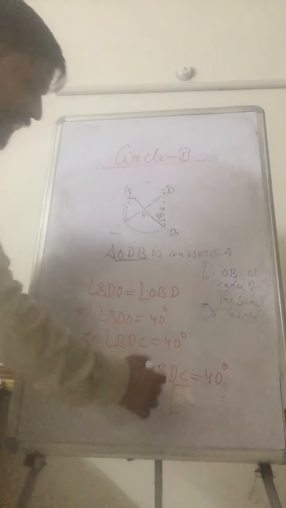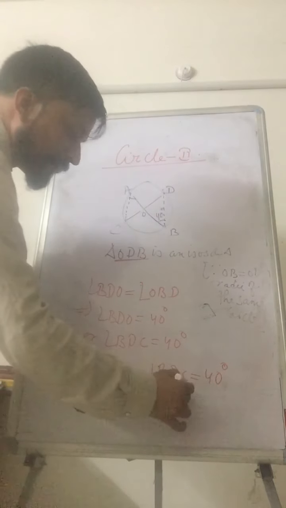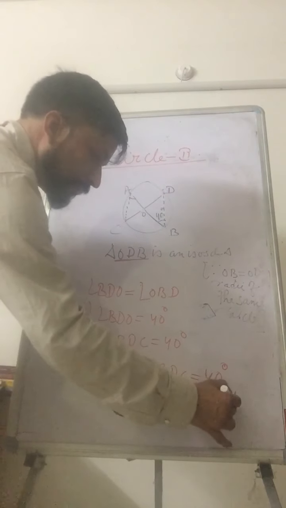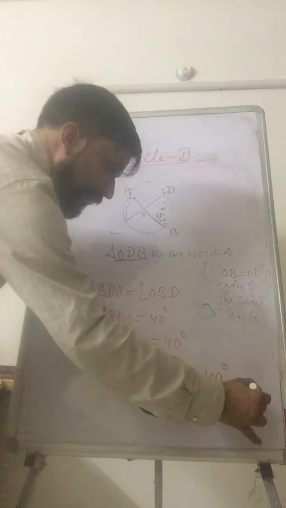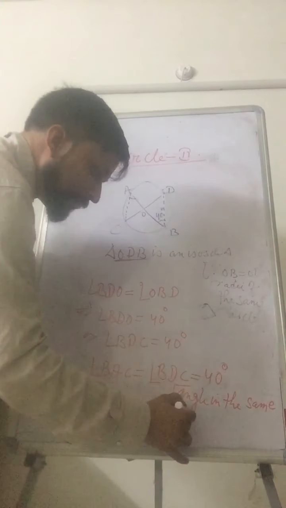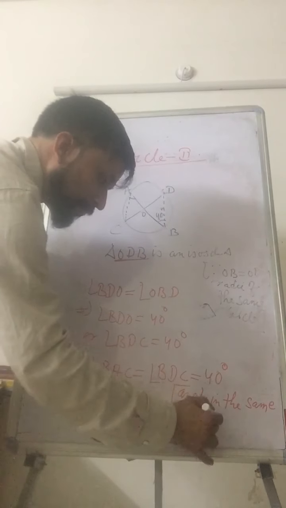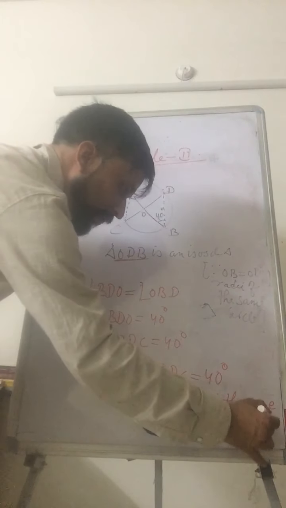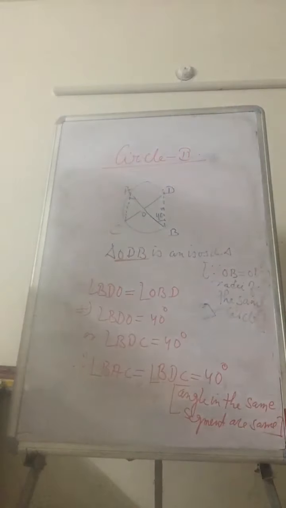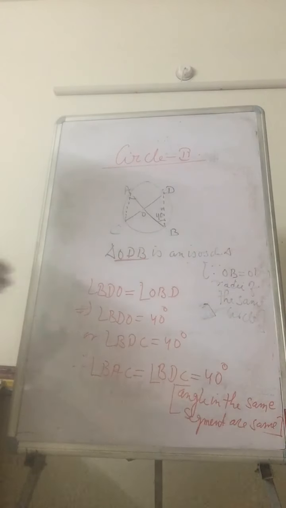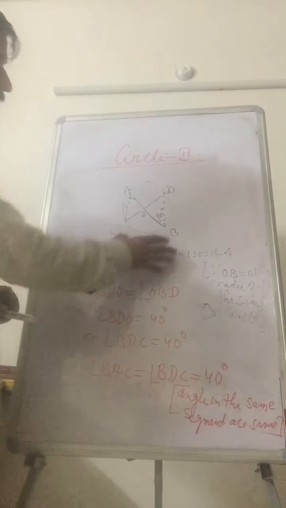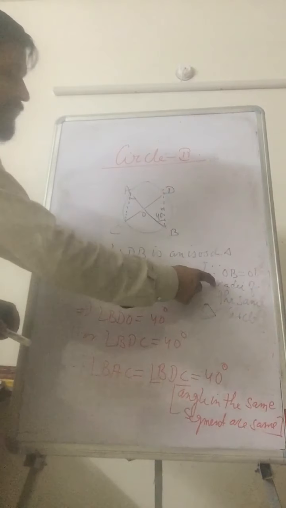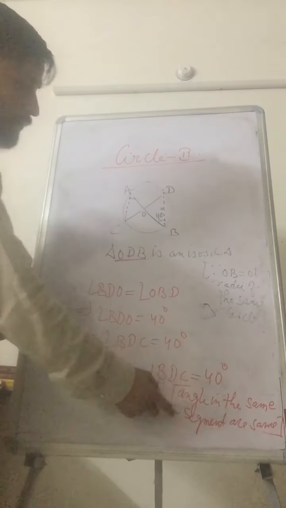So you have to write: angles in the same segment are same. Must write this reason within brackets. Don't simply write that this is an isosceles triangle and make the conclusion directly. Write the reason over here also, clear?